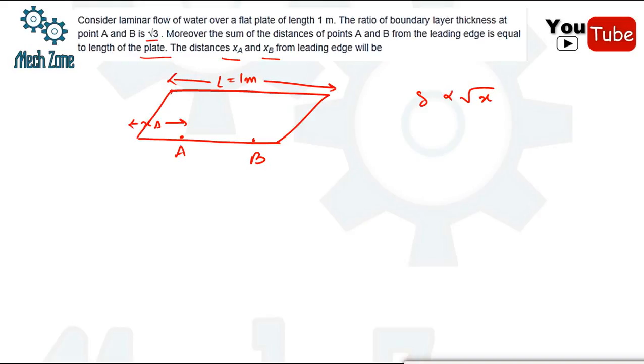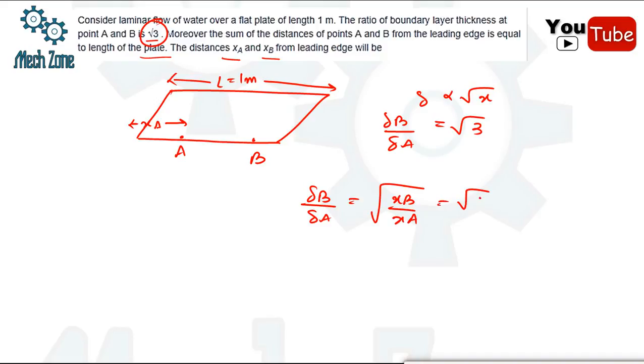Now we know that the thickness of the boundary layer is directly proportional to under root x. So delta B upon delta A would be equal to under root XB upon XA, which is equal to √3, as given.